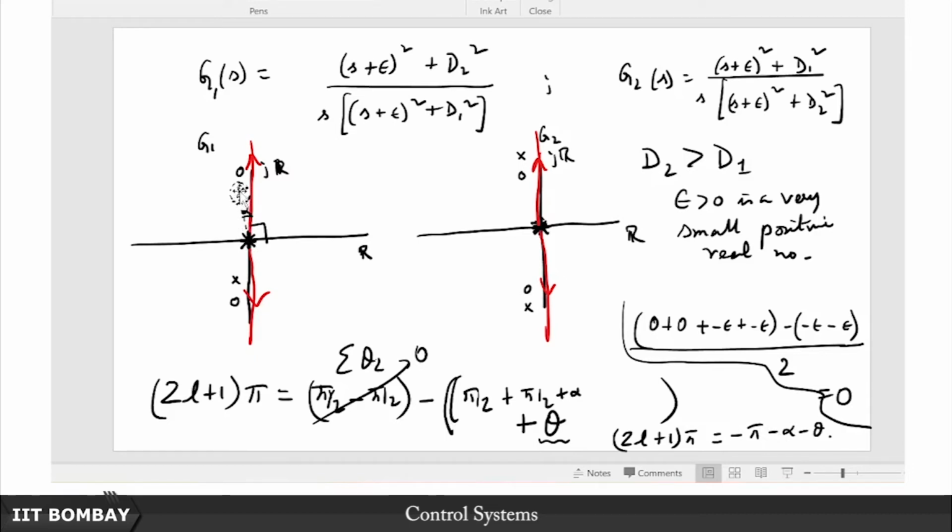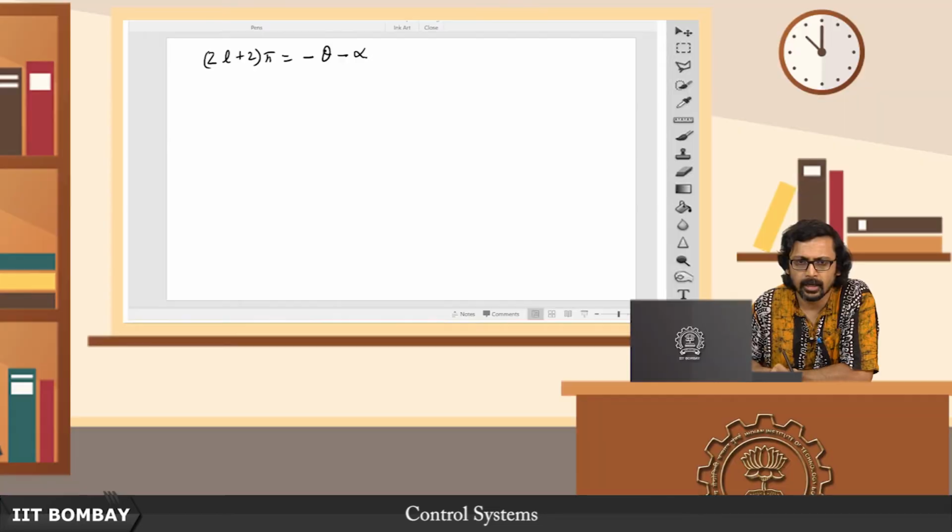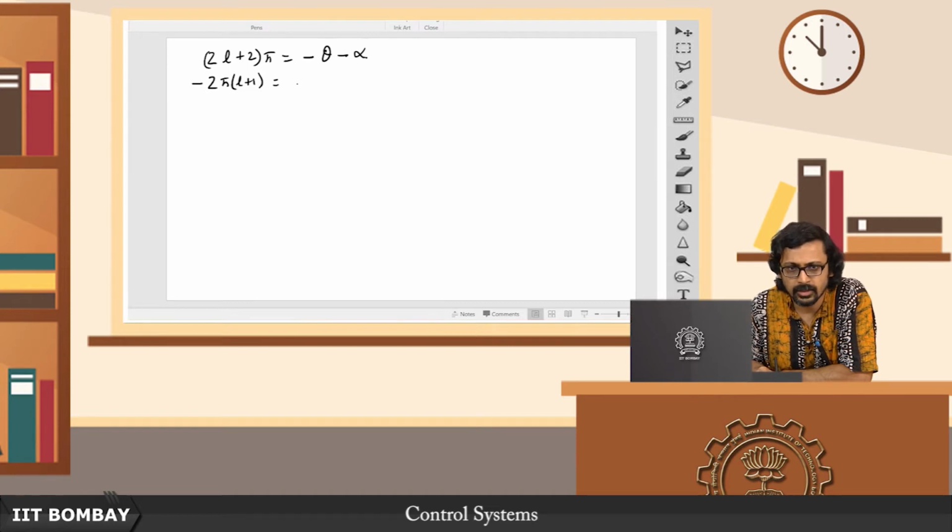Yeah, I think it should be right. Okay. So now you see, if I push this in, this is going to be nothing but 2 pi taken L plus 1 times common, and this is going to be equal to minus of this, which is theta plus alpha.